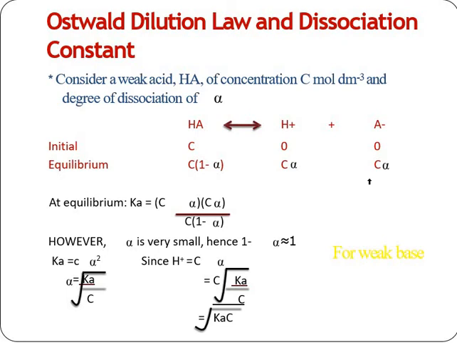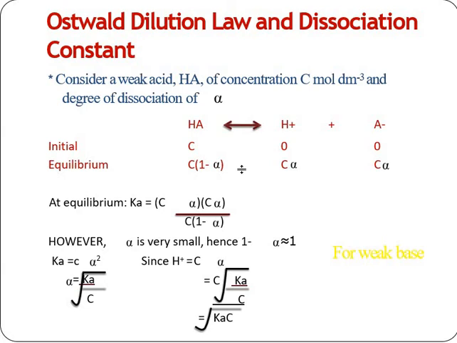Some HA will remain as it is, and consider C into 1 minus alpha HA molecules remain present in aqueous solution at equilibrium. So how will you write the dissociation constant of the above reaction?